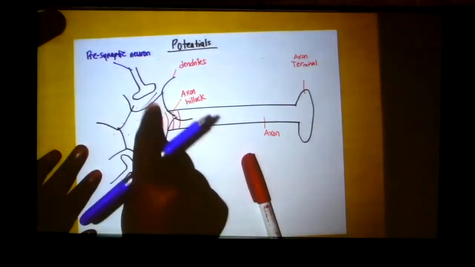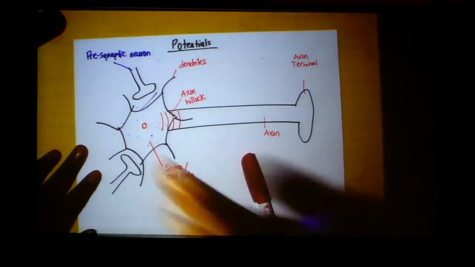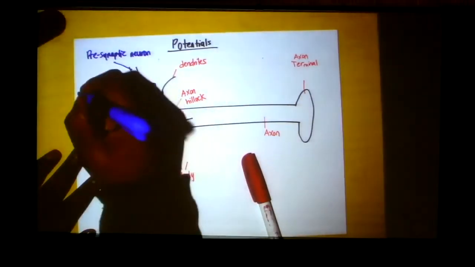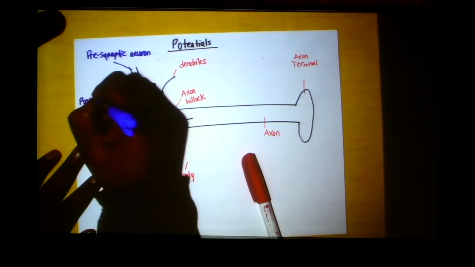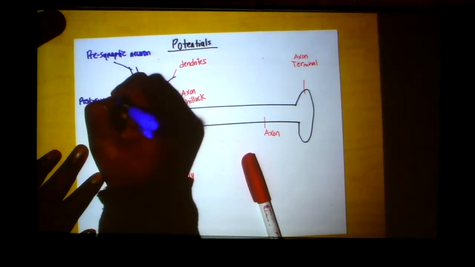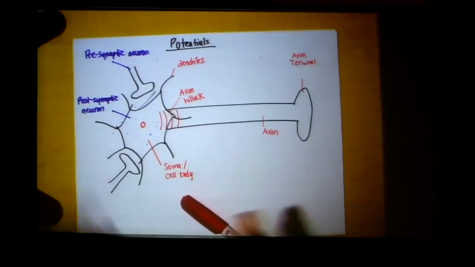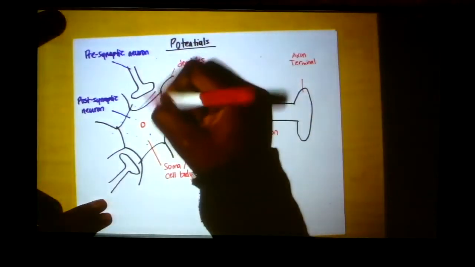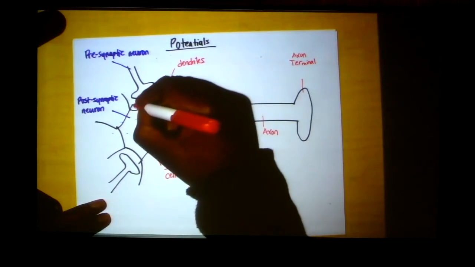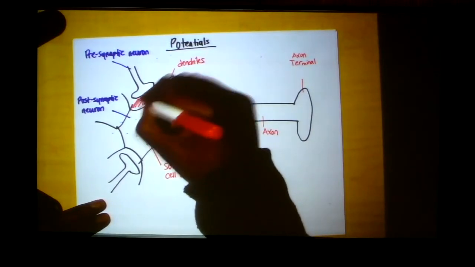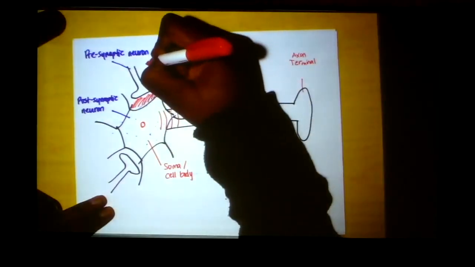And then we call the neuron that's at the distal end, or the second neuron in this chain, the postsynaptic neuron. Okay? And so as a result, we can describe this area where both of these neurons communicate as the synapse. So this area of communication is called the synapse.